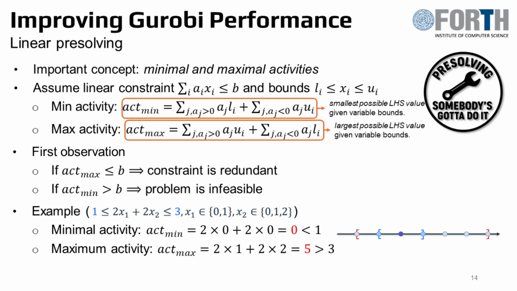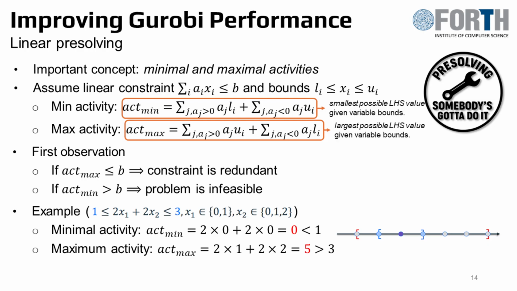Let us apply this to our example. 1 ≤ 2x1 + 2x2 ≤ 3. x1 is binary. x2 is an integer between 0 and 2. The minimal activity of 2x1 + 2x2 occurs at x1 = 0 and x2 = 0. This gives 0.